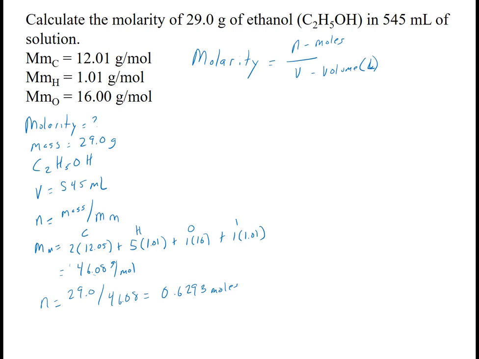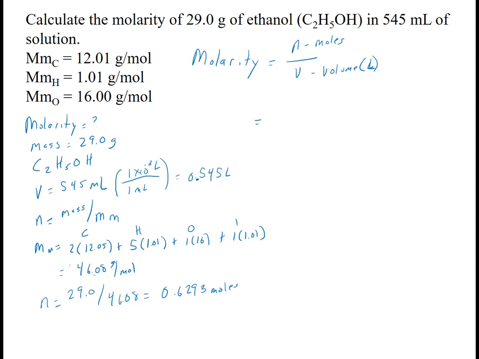Now I'm going to go back to the way we did in Gen Chem. If you do it another way, that's fine. That 1 milliliter is 1 times 10 to the minus 3 liters. And that's 0.545 liters. Okay. Honestly, I just moved the decimal place 3 to the left. So I'm not going to count credit for showing this work. I will give you credit for having it in liters, however.